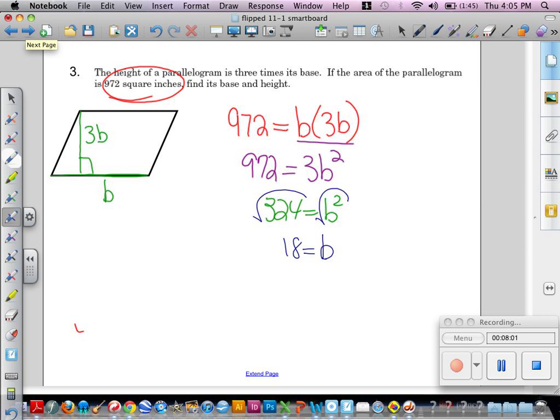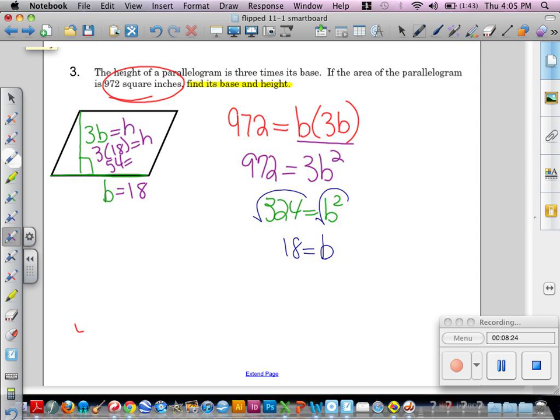Okay, now you have to pay attention and see what they're asking for here. They're asking you for the base and the height. So when I come back up here, I look and I say, okay, my base is 18. My height is 3B. So I need to take 3 times 18 to get my height. And 3 times 18 is 54.